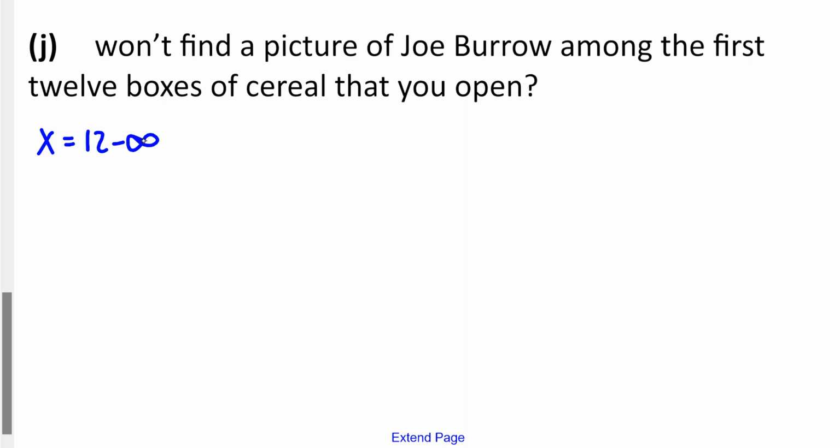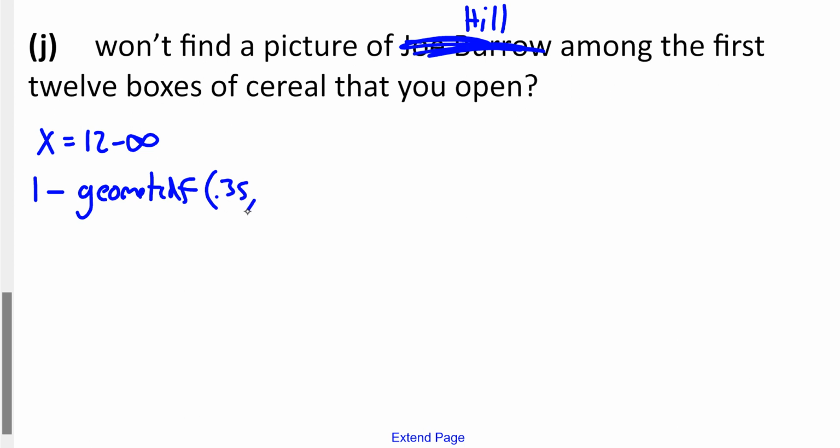I'm just going to change this back to Hill, so we're using the same probabilities. But we can use the geometric where it's still the same idea. We'd be doing 1 minus geometcdf, with a probability of 0.35. We don't want it in the first 12, we want 13 and after, so we subtract the first 12.